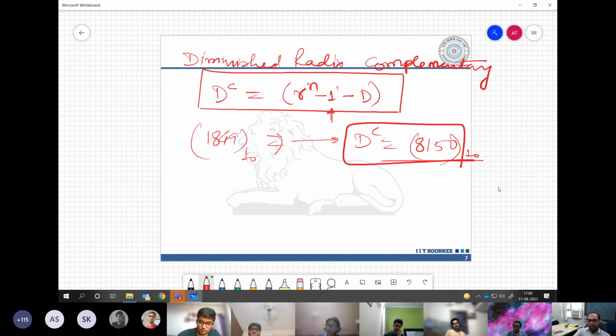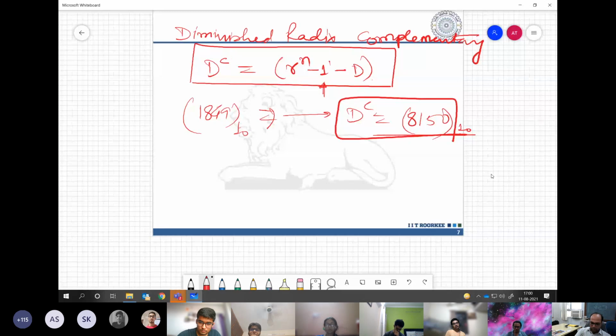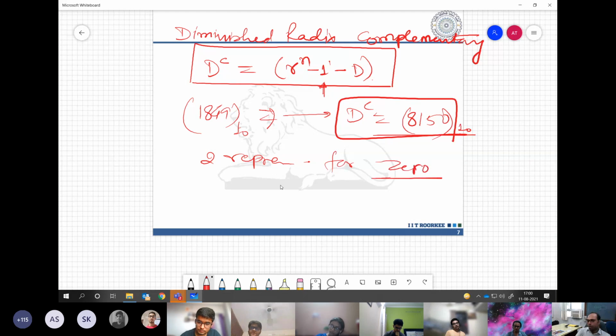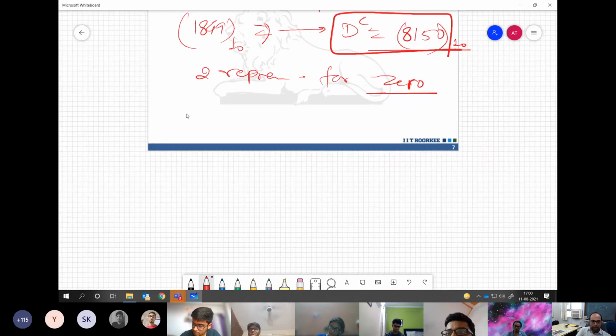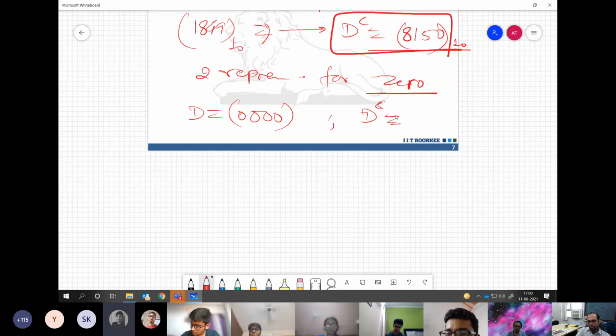Now here the thing is that we will have two different representations for zero. You can check yourself. Let's say we have to find the complementary of 0000. Now can you tell what the complementary is? 9999.